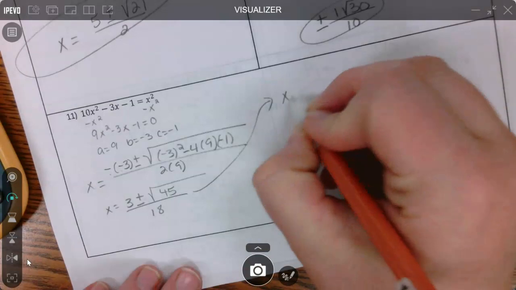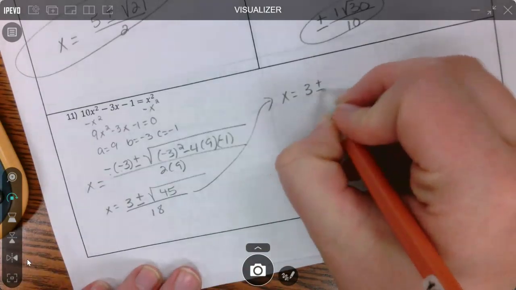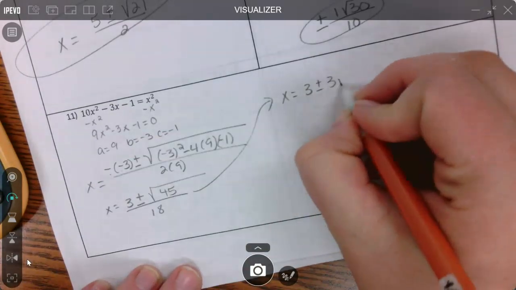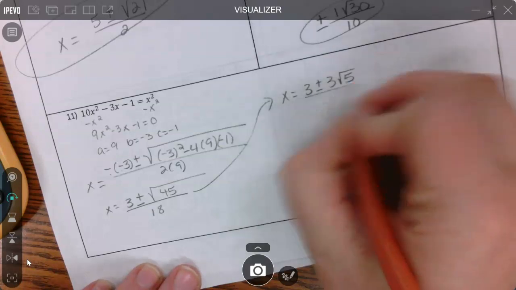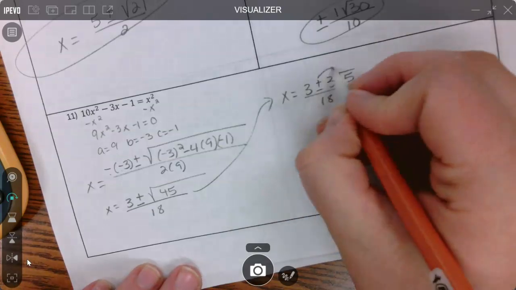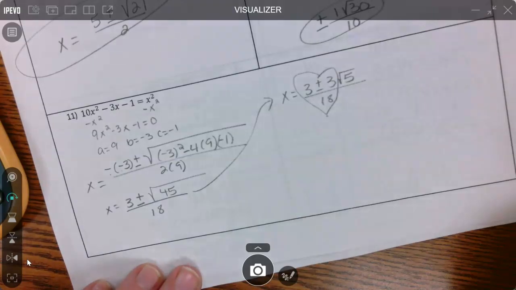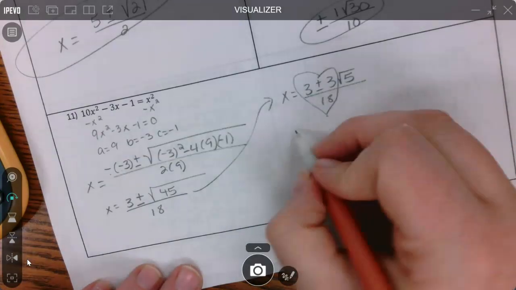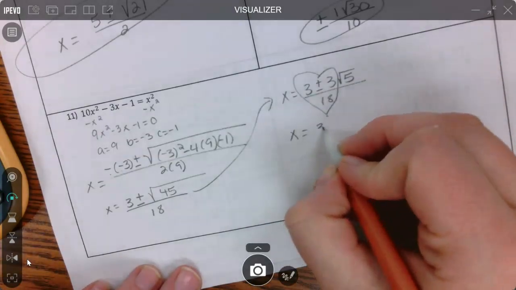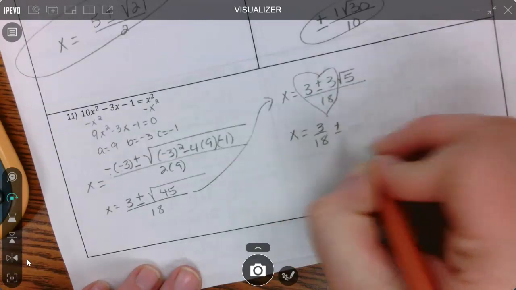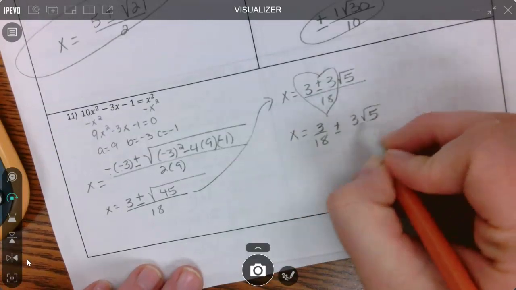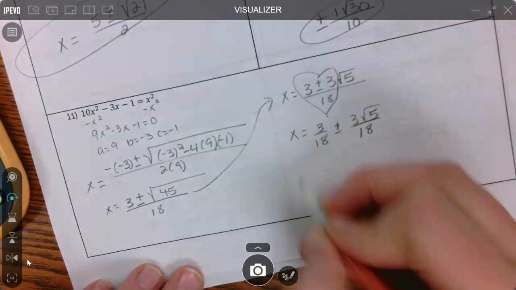So we have x equals 3 plus or minus 3 square root 5 all over 18. And you have to remember that 18 goes with everything there. So if you can reduce, reduce. So we have 3 over 18 plus or minus 3 square root 5 over 18.